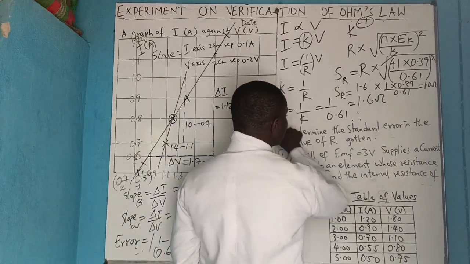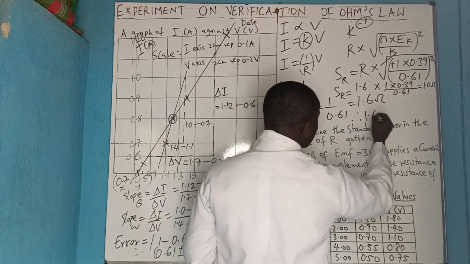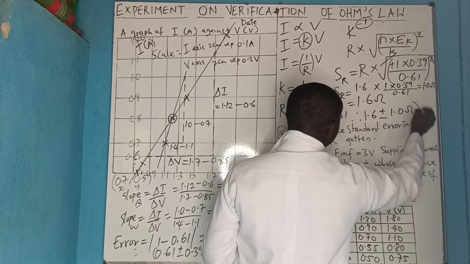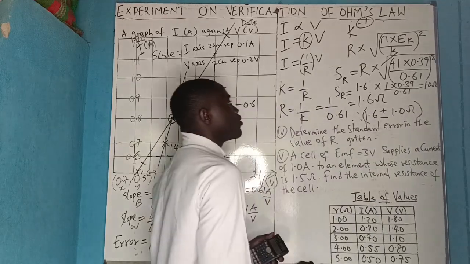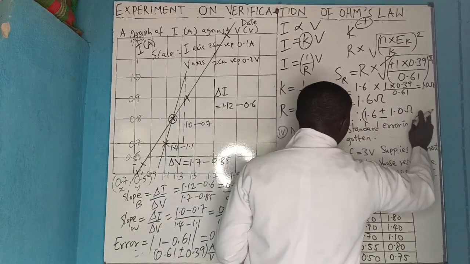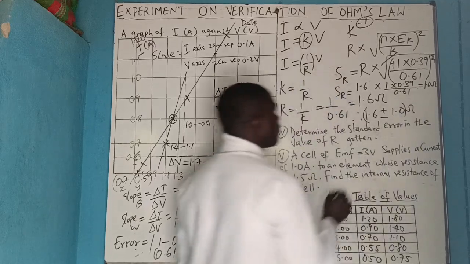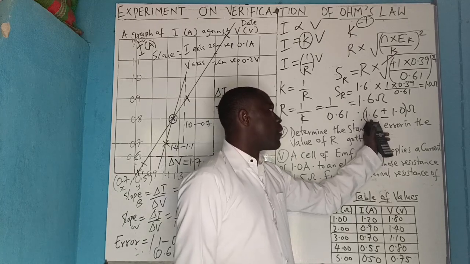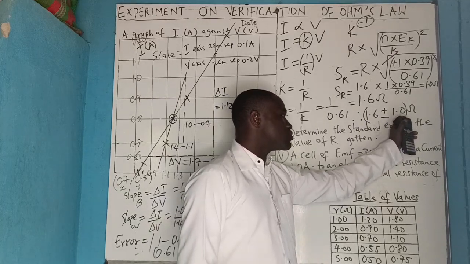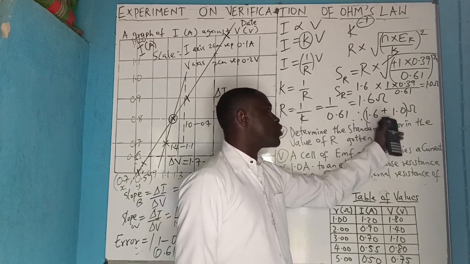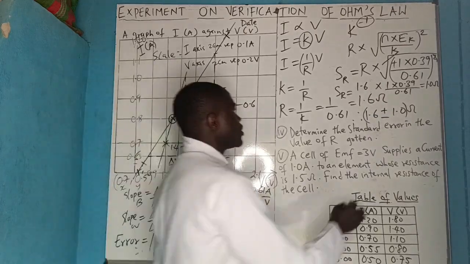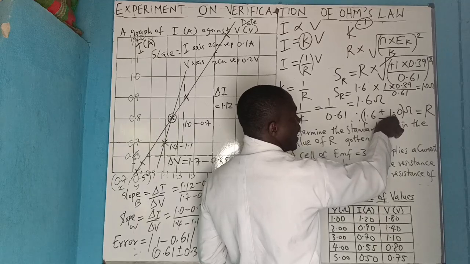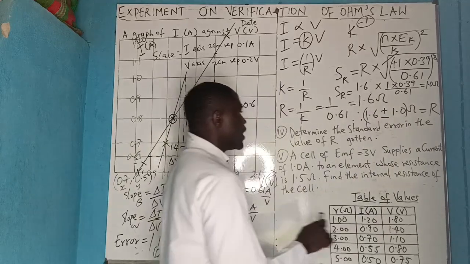Therefore, that means that your R is 1.6 plus or minus 1.0 ohm. That means either it is 1.6 ohm or 1.6 plus 1 ohm or 1.6 minus 1 ohm. That is your R, where this is the error in the R and this is the R itself.